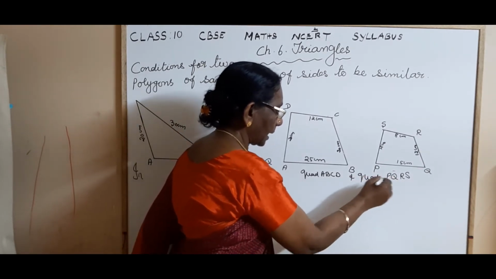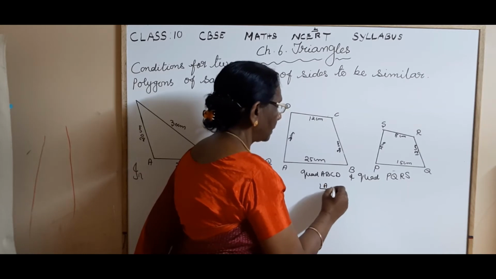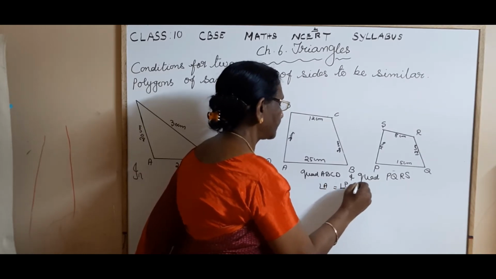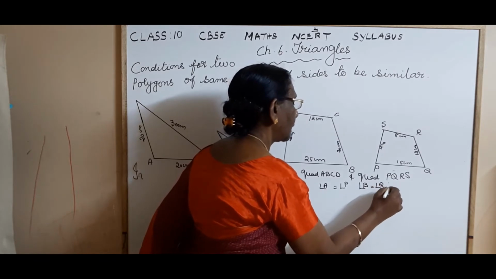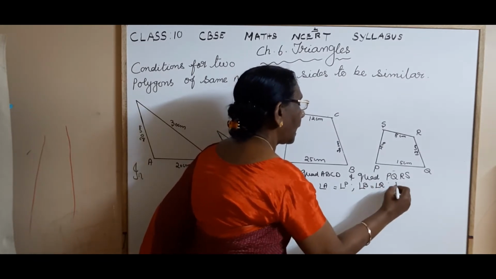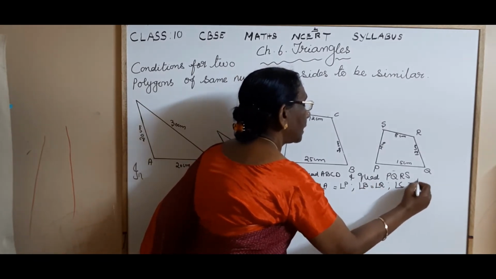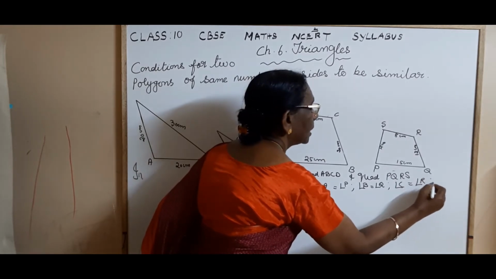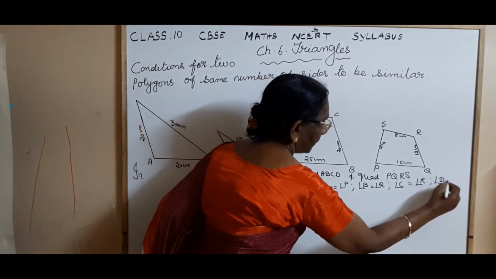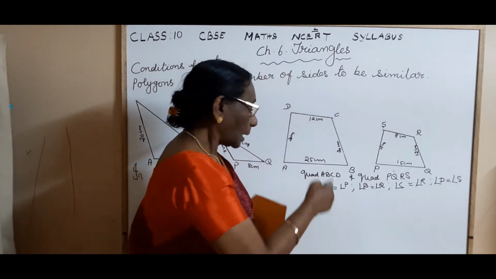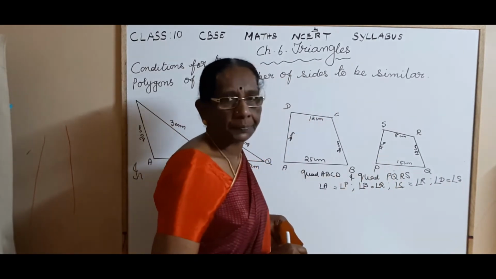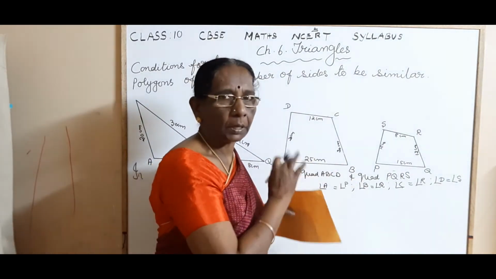Angle A should be equal to angle P, angle B should be equal to angle Q, angle C should be equal to angle R, angle D should be equal to angle S. These are the corresponding angles. If I give the name like this, the name should be given like this one.